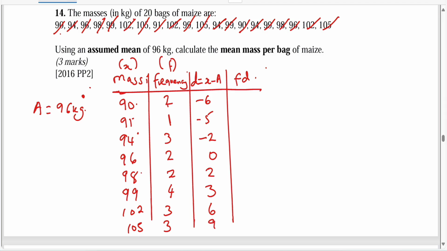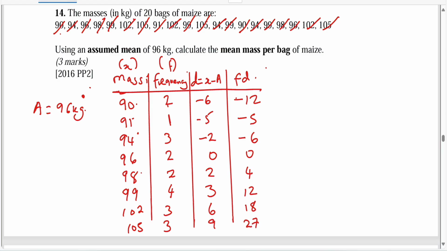So let's calculate FD. Negative 6 times 2, negative 12. Negative 1 times negative 5, negative 5. 3 times negative 2, negative 6. Then 0, then 4, 12, 18, and this is 27.